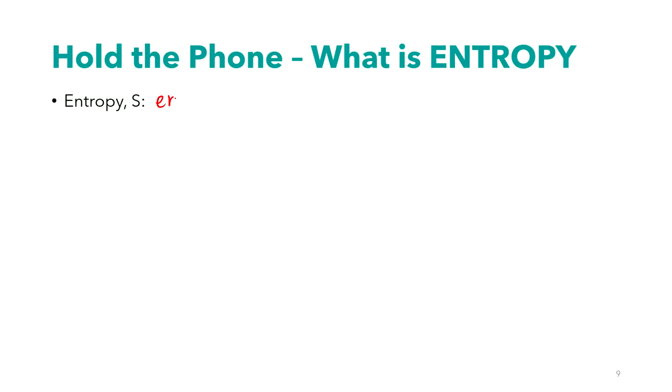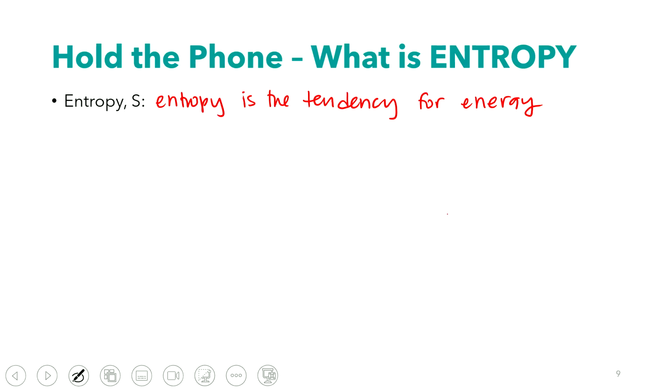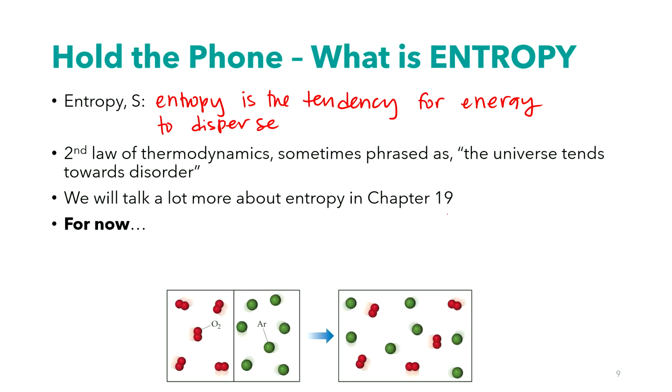Entropy, I will say, is the tendency for energy to disperse. Okay? We will, in chapter 19, really delve into entropy with more rigor than me just telling you that simple definition.